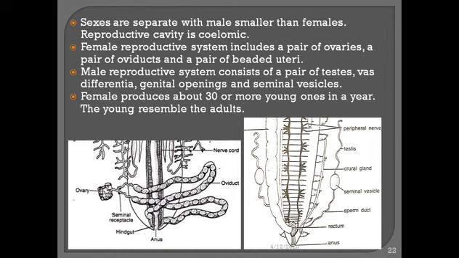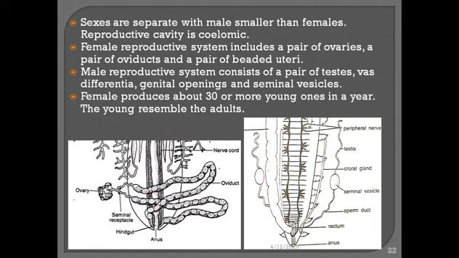The female reproductive system is composed of, you can look at the figure, the left part is the female reproductive system and the right part is the male reproductive system. So the female reproductive system is formed of a pair of ovaries, a pair of oviducts, and a beaded uterus, which opens to the outside.